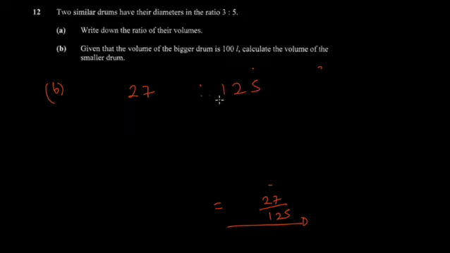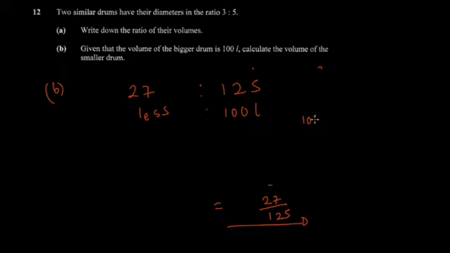27:125 here, and then you have to know that 125 corresponds to the volume of the bigger drum. Okay, so here the 100 liters, you're told that the 100 liters is for the bigger drum, so you can actually write 100 liters here. Okay, 100 liters should correspond to what? To less. If it's less, you're supposed to say smaller number at the top.